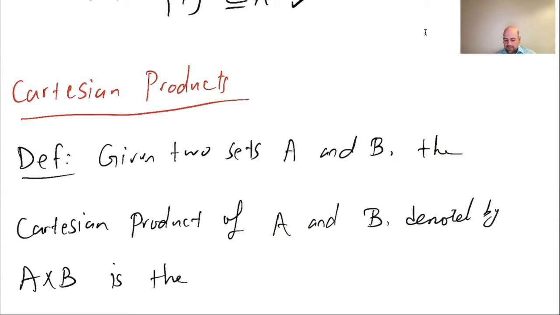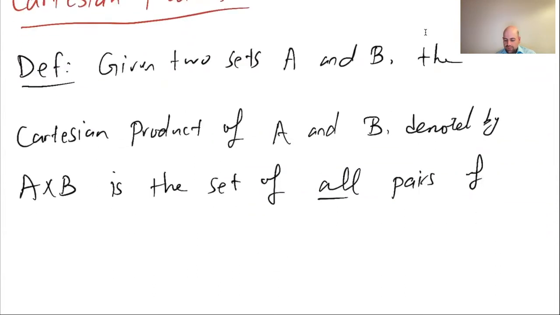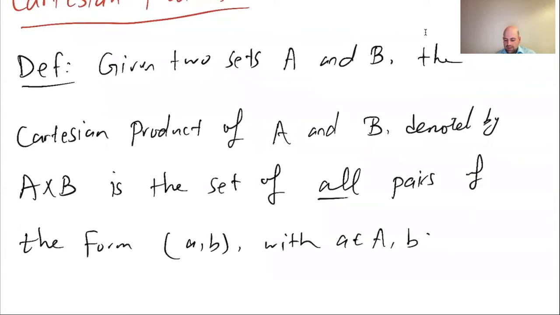is the set of all pairs of the form (a, b) with a belongs to A and b belongs to B. Okay, so A cross B means all pairs of the form (a, b) where the first coordinate comes from the first set and the second coordinate comes from the second set.